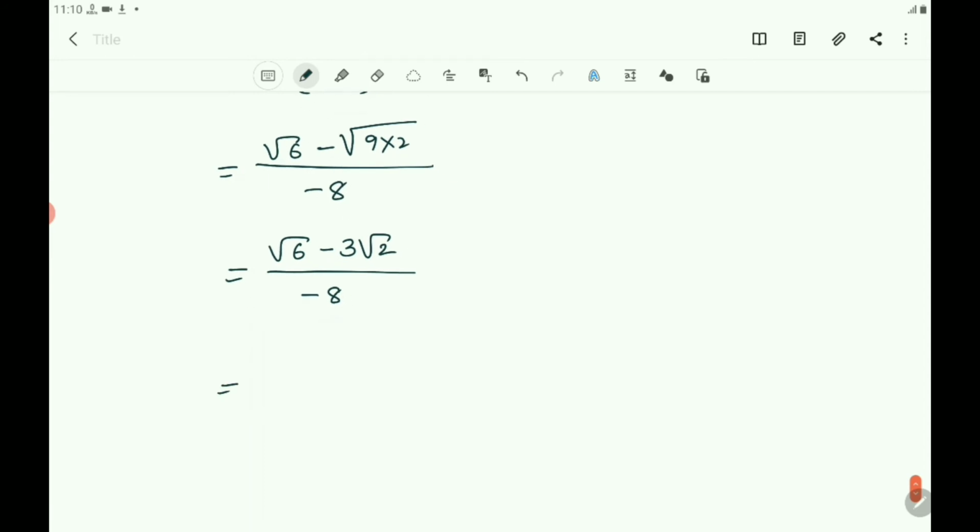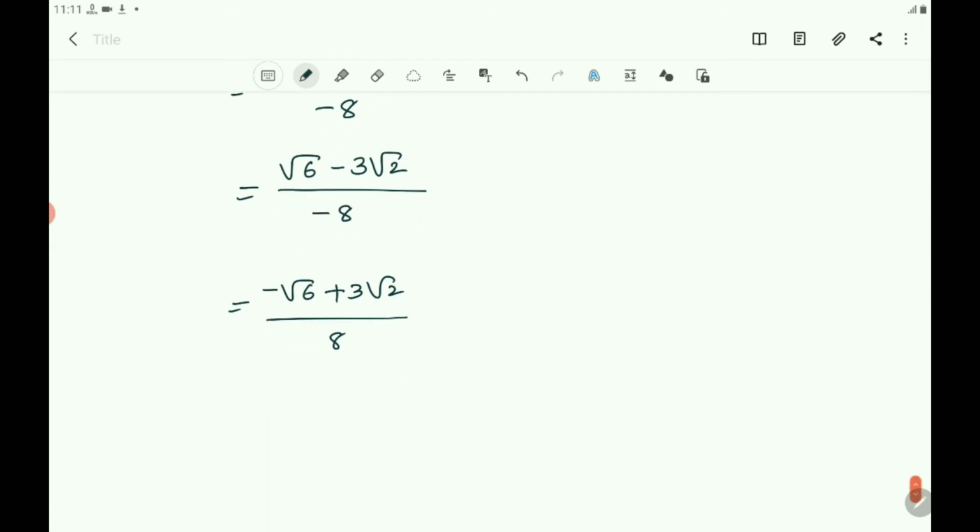That equals, here as negative is in the denominator, change the sign of the numerator to cancel the negative sign in the denominator. That is minus root 6 plus 3 root 2 by 8 you will get. Then you write the positive first, 3 root 2 minus root 6 by 8. That is the final answer here.